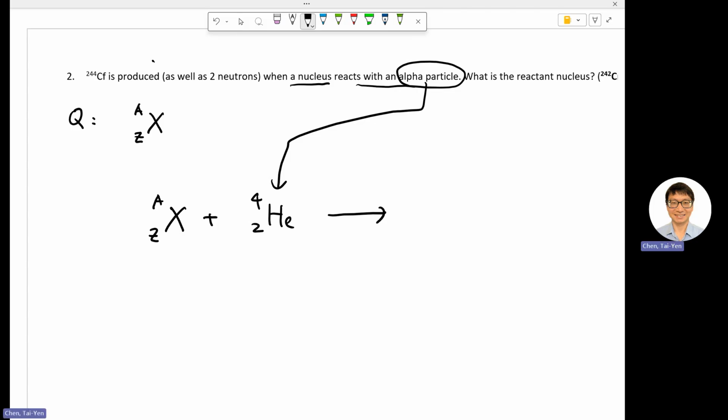And then it says the Cf-244 was produced, right? That means this needs to show on the product side. Okay. And it also says as well as 2 neutrons. That means your neutrons are also shown on the product side.